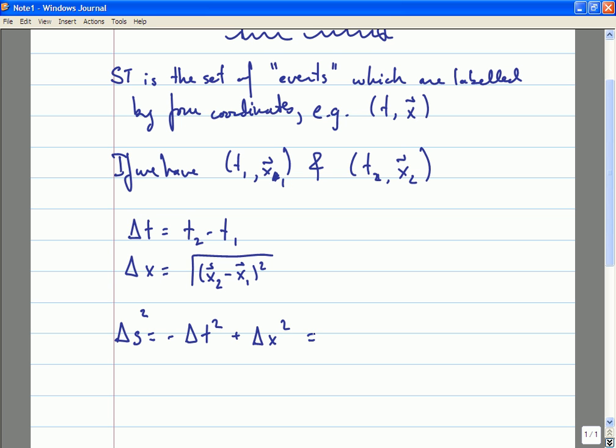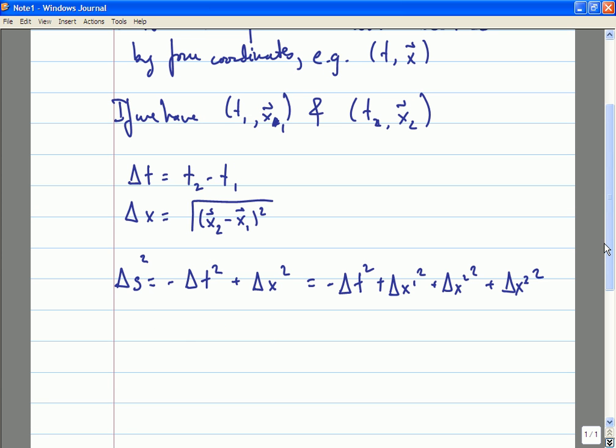Or if we wanted to write it out a little more completely, minus delta t squared plus delta x1 squared plus delta x2 squared plus delta x3 squared, where delta x1 is x sub 1 superscript, you know what I mean. So for example, delta x is equal to x2 minus x1 vector, and then delta x1, x2, and x3 denote the 3 components of that vector.